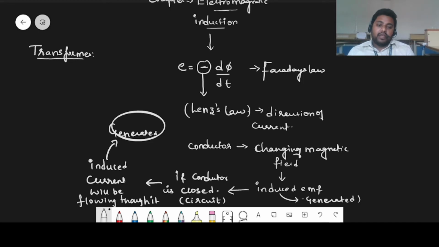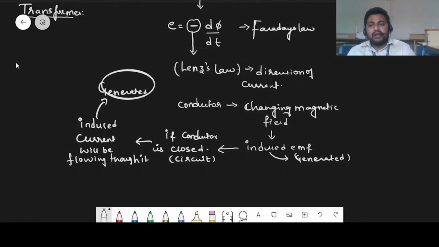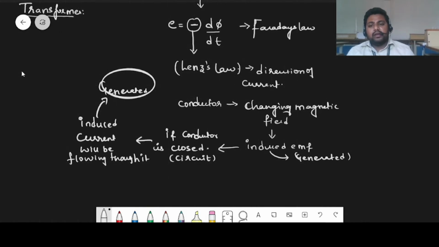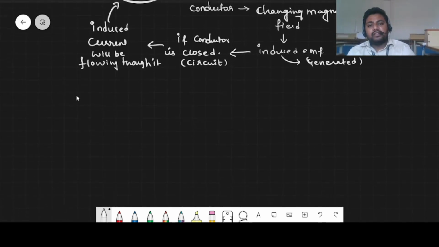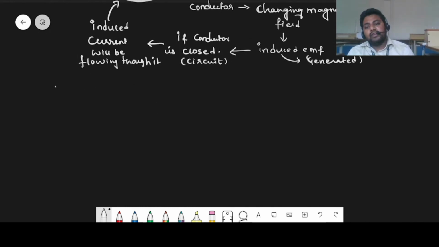Now you know that the current which is being generated in something like a generator, we are getting it because of the rate of change of flux. In general, what is the formula for magnetic flux? We know EMF E is equal to minus d phi by dt, where phi is the magnetic flux.